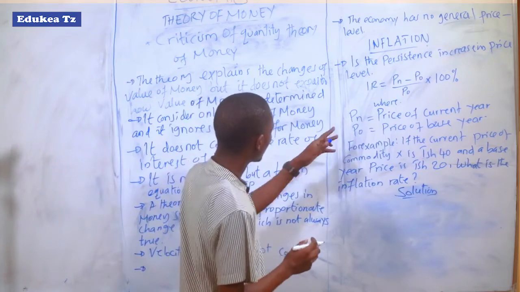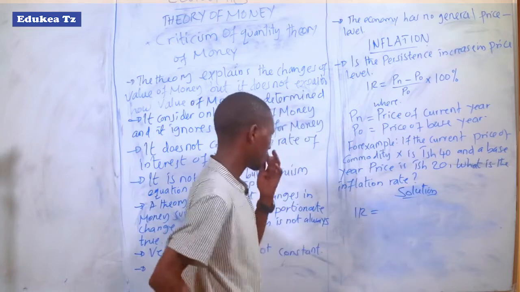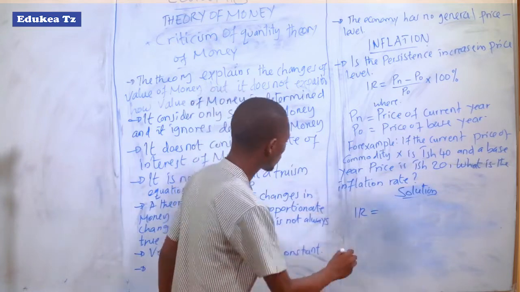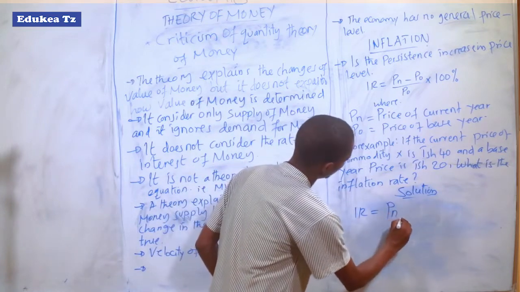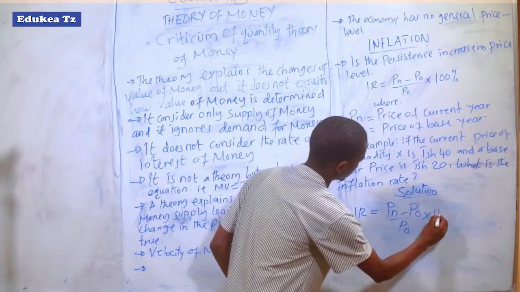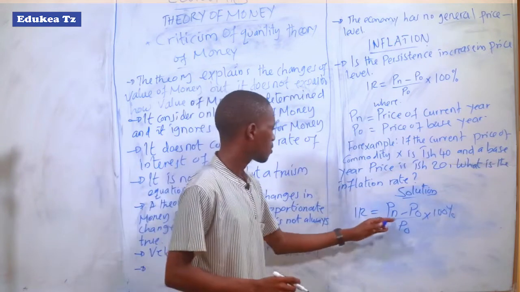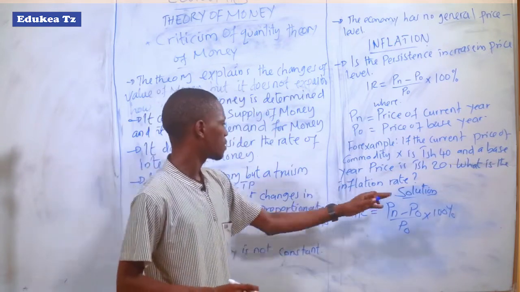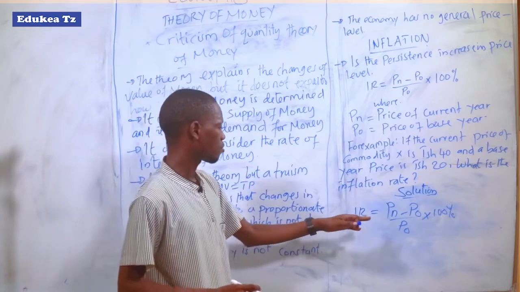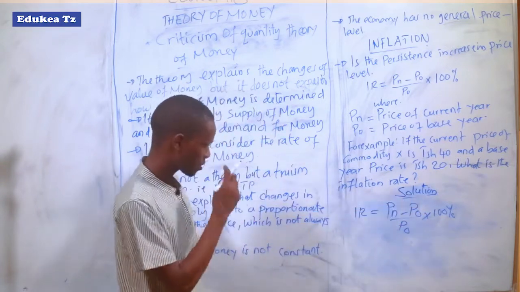We are looking at the inflation rate, and we know that inflation rate equals price of current year minus price of base year, then we divide by price of base year, and we times with 100%.